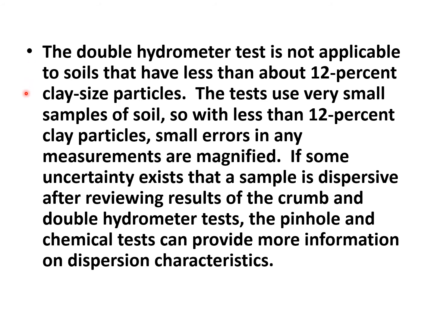The test uses very small sample of soil, so with less than 12% clay particles, small errors in any measurement are magnified. If some uncertainty exists that a sample is dispersive after reviewing results of the crumb and double hydrometer test, the pinhole and chemical test can provide more information on dispersion characteristics.